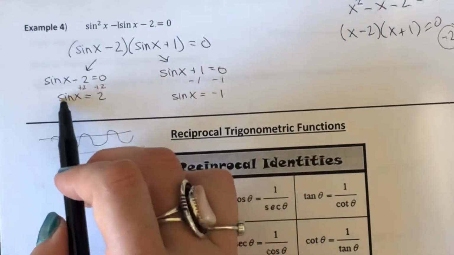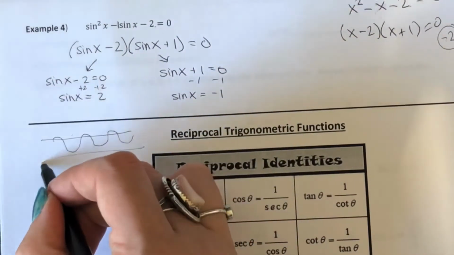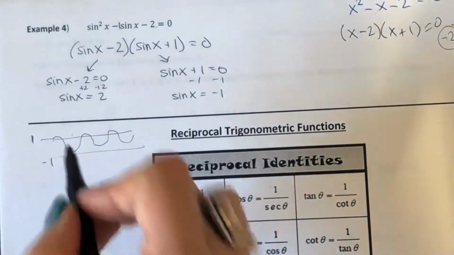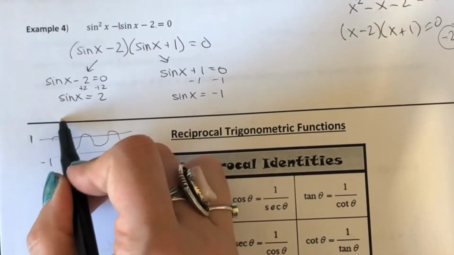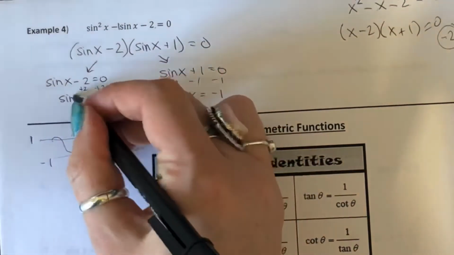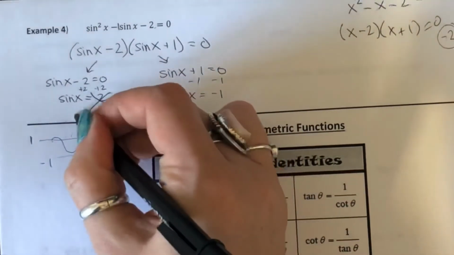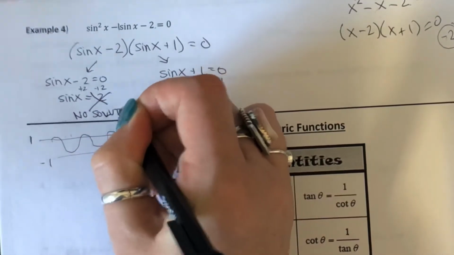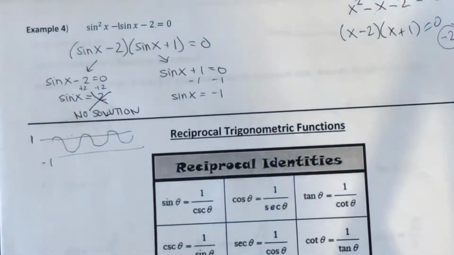If we're looking at just a regular sine of x, the lowest it can go is -1 and the highest it can go is +1. So we're saying when does it hit 2, which is outside of its domain. It can only bounce between -1 and 1. So on this one, it can't ever equal 2. So this one would have no solution. It would be a domain error. And if you put that into your calculator, you'd also get that domain error on it.